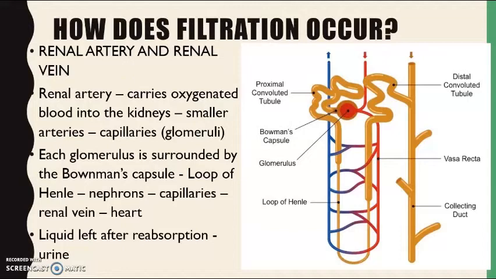So the first one, the renal arteries carry oxygen or oxygenated blood into the kidneys. So when the blood gets into the kidneys, it travels into smaller arteries. And then, after the smaller arteries, it will enter a cluster of capillaries known as the glomeruli.